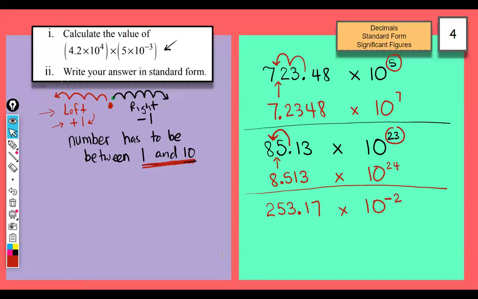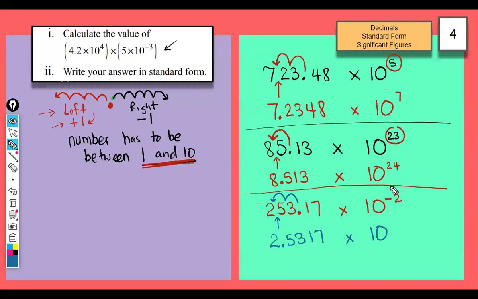Okay. Now, this number here is not in between 1 and 10. The decimal point has to go here. So it's over here, so it has to jump 1, 2 to the left. So we have 2.5317.